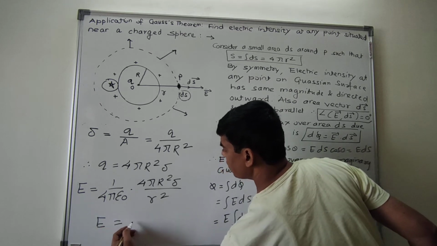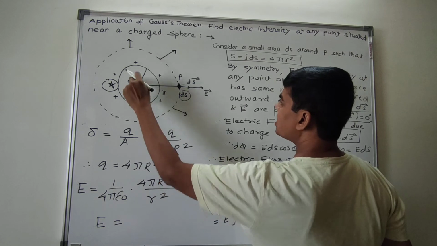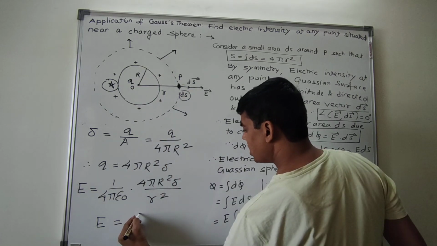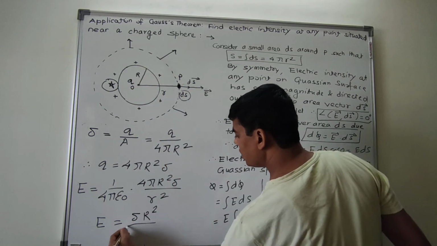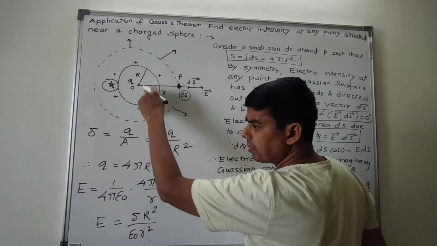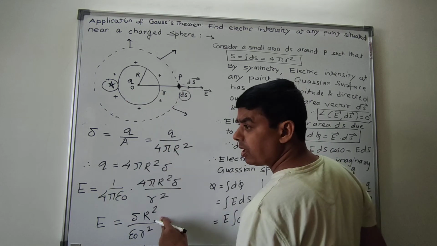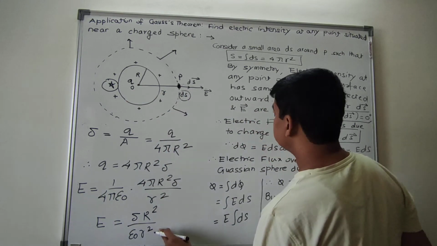So the final equation for electric intensity at any point situated at a distance r near a charged sphere of radius R will be sigma R square upon epsilon 0 r square, where capital R is the radius of the sphere, and small r is the distance of the point from the center of the same sphere, where we have to find the electric intensity.